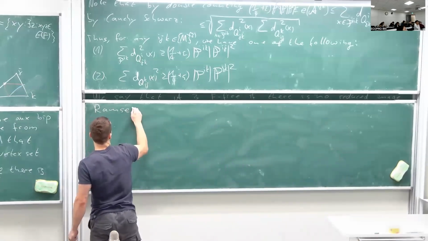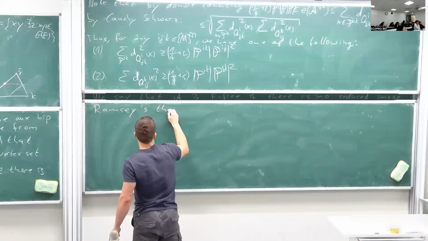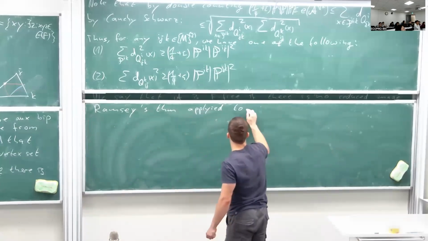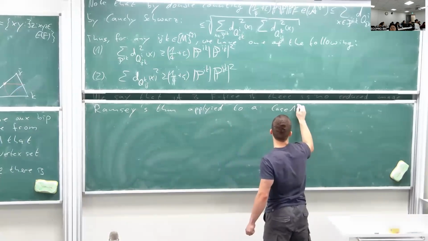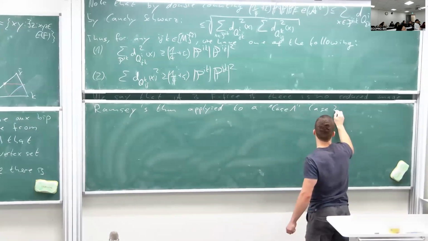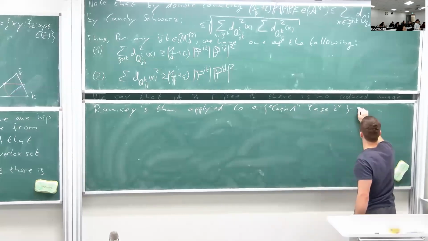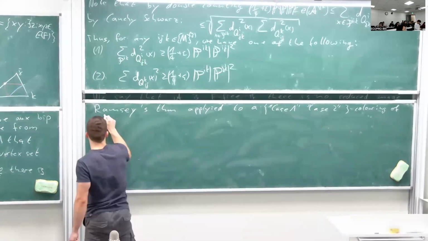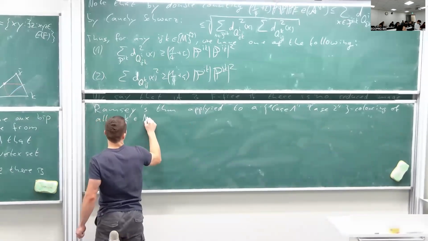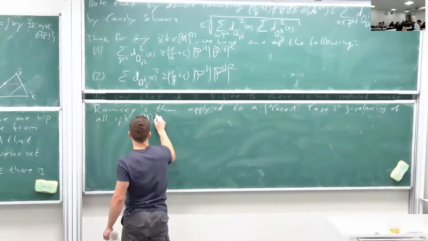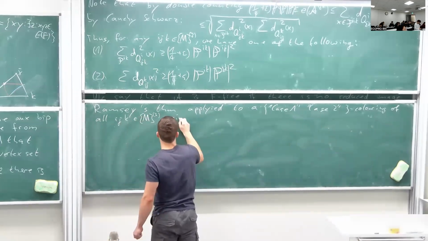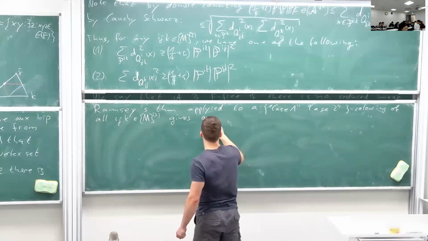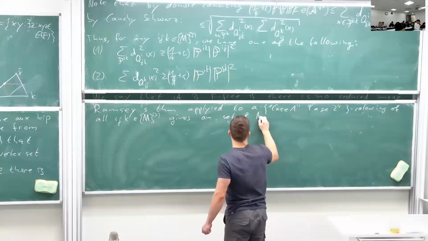Ramsey's theorem applied to the case 1, case 2 coloring of all triples gives a set of M1 indices.